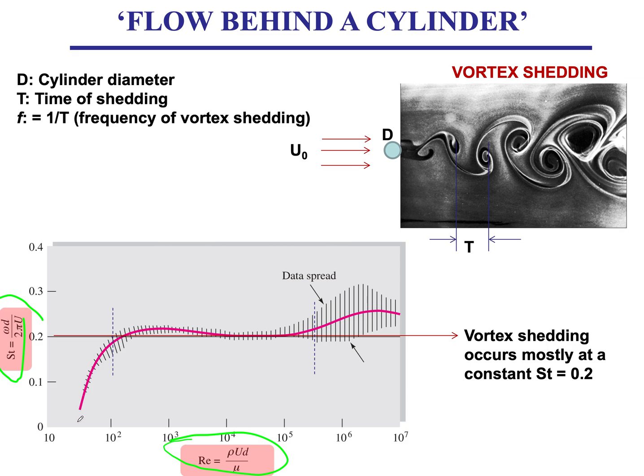For very low Reynolds number, below 100, the effect of Reynolds number on the Strouhal number is actually very significant. The Strouhal number goes from almost 0.5 to almost 0.2 at a Reynolds number of 100. So it changes by a factor of almost 2. These vertical bars represent the uncertainty in the measurement, or the fluctuations, because this plot wasn't generated by a single experiment.